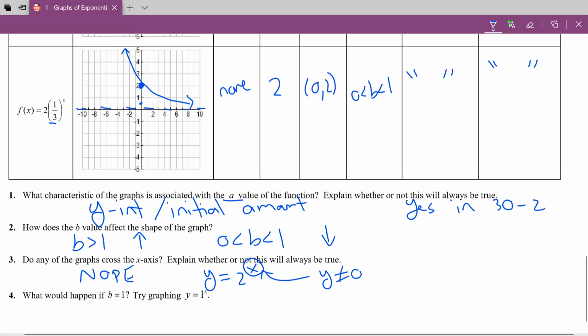Okay, again, only in 30-2. And what would happen if b was 1? You notice we skipped that. It says b is bigger than 1, b is smaller than 1 but bigger than 0. Well, if b was 1, friends, what would happen is you would have 1 to the exponent x, and 1 to the exponent anything is just 1. What you end up with is a straight line and not an exponential. So we'll never deal with that. Okay, there it is. There are the characteristics of exponential graphs.